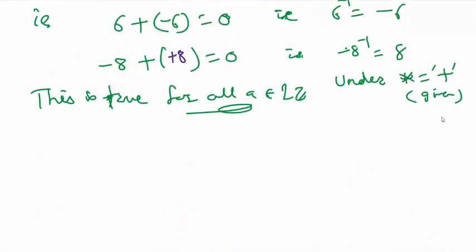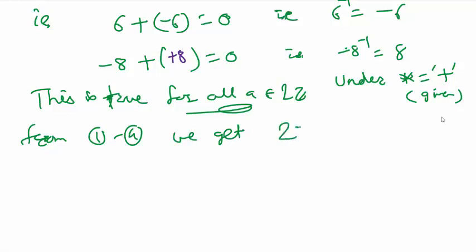So in this way, from 1 to 4 we get that (2Z, +) is a group first of all.